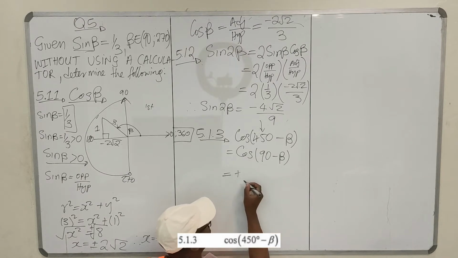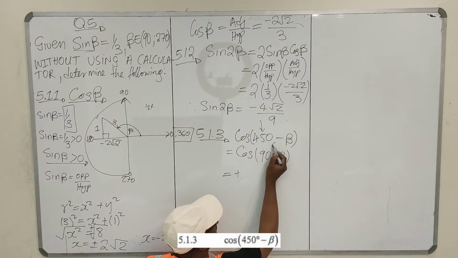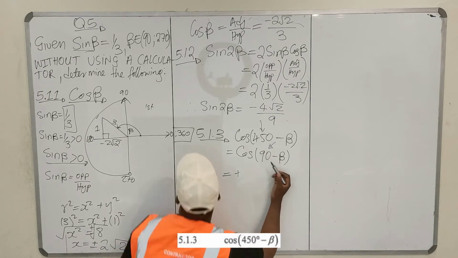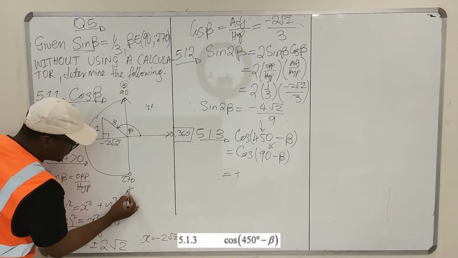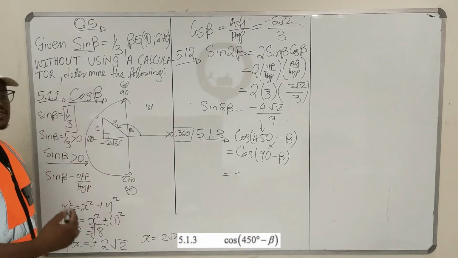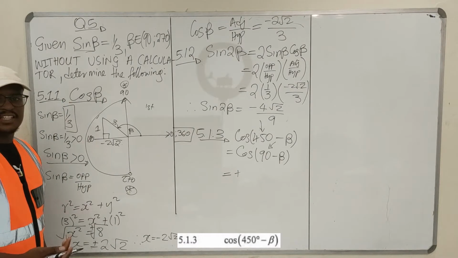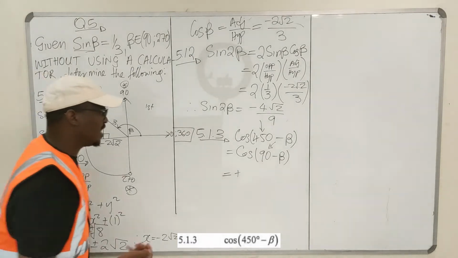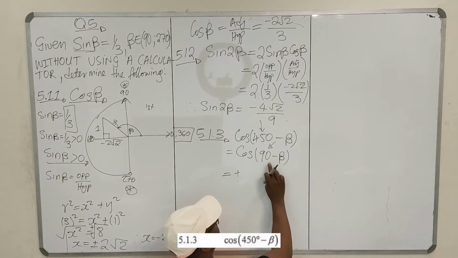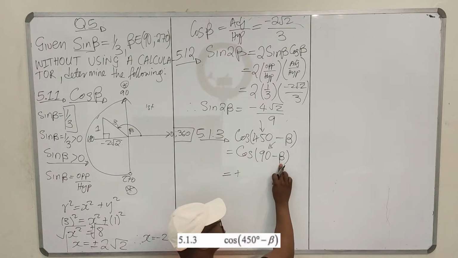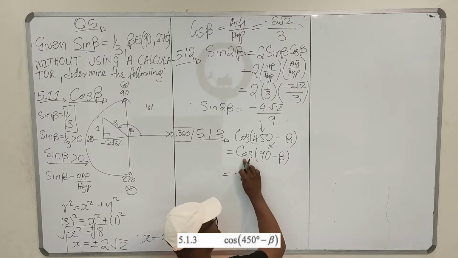Cos is positive. But because your angle is 90 or 270, along this vertical line, your function changes to its co-function, which means you have cosine of 90 minus beta. So 90 minus beta is in the first quadrant, and in that quadrant cos is positive.